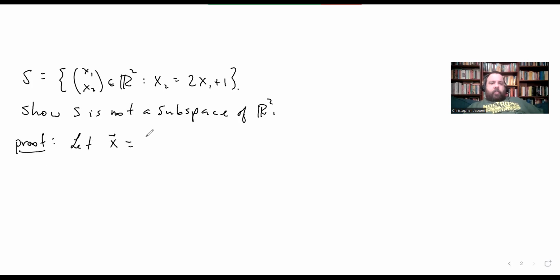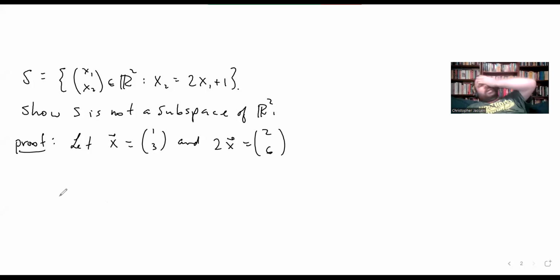I can pick 1, 3, or actually I can choose a scalar multiple. Let's do, say, 2x. And let's add them together.